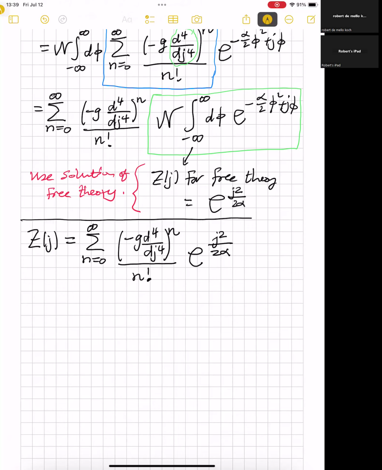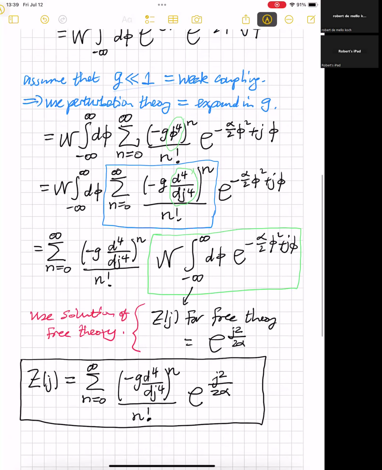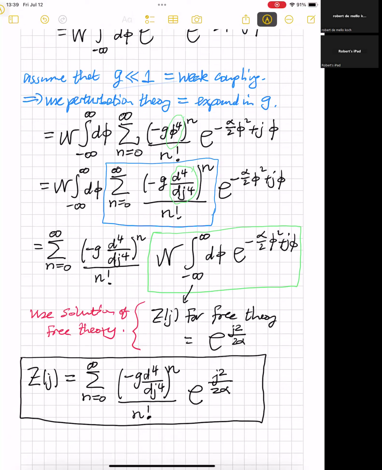So with the help of perturbation theory and the known solution of the free theory, we've been able to calculate Z of J for the interacting theory. Good. We will continue in a moment.